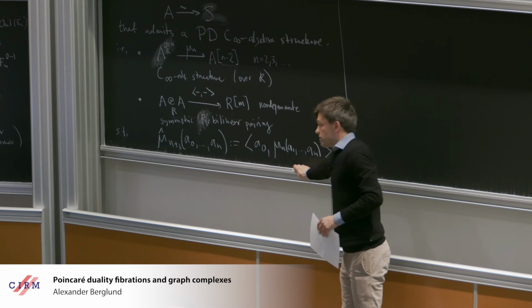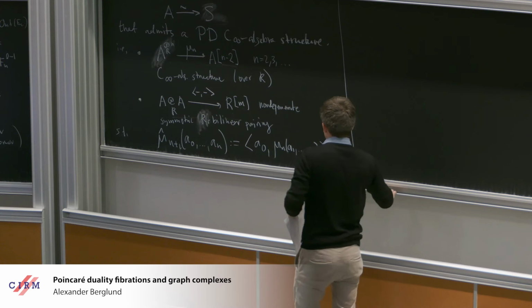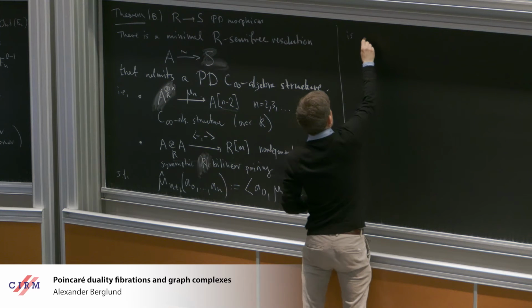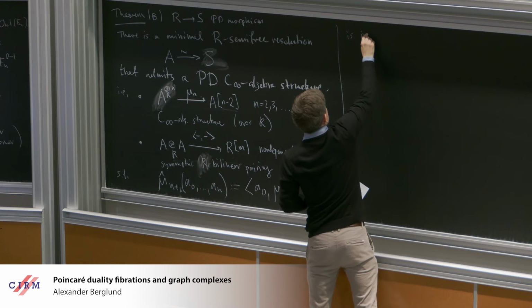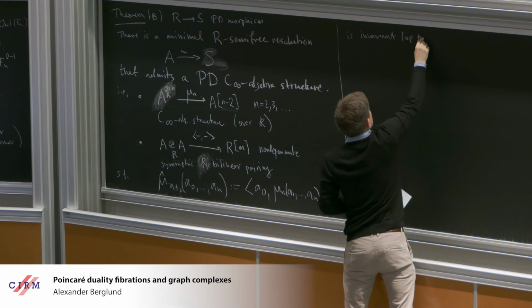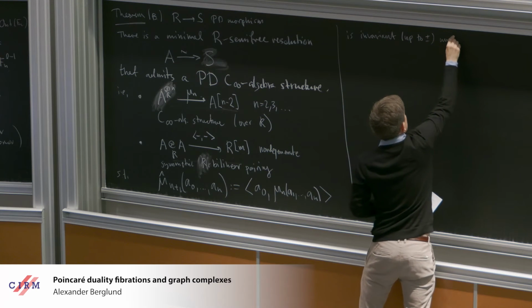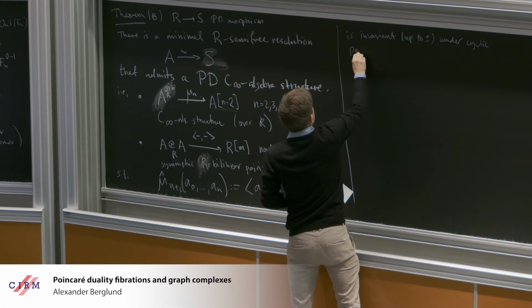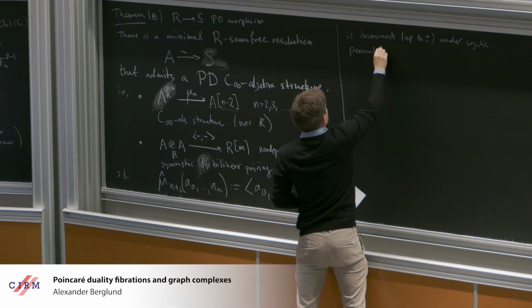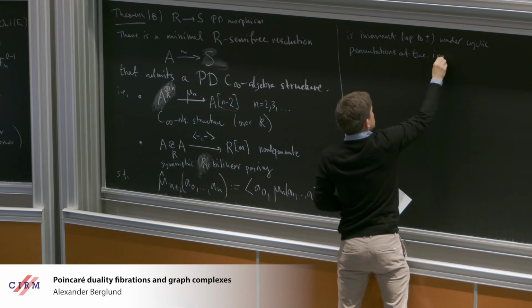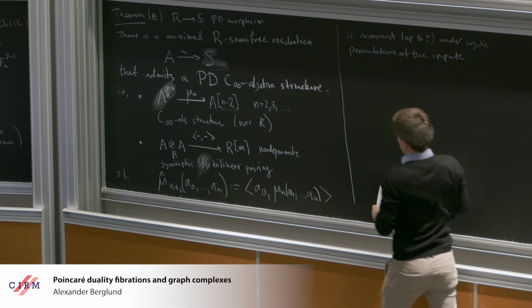Now this operation with n plus 1 arguments is supposed to be invariant up to sign under cyclic permutations of the inputs.